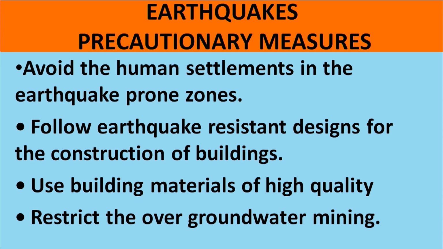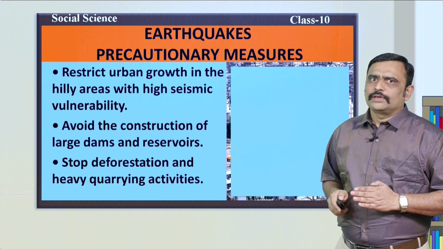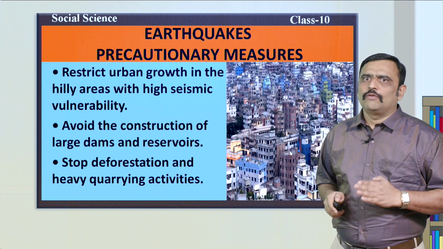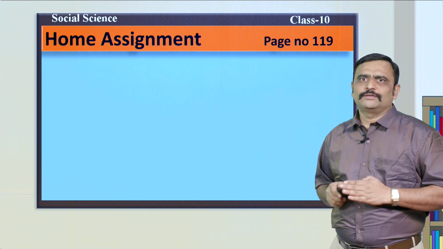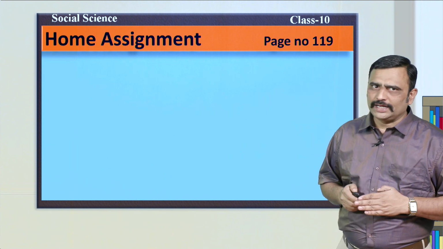Restrict over groundwater mining. Thus, we need to have a survey of earthquake prone areas and have human settlements away from them. Especially, we need more and more precautionary measures when it comes to earthquake prone areas.